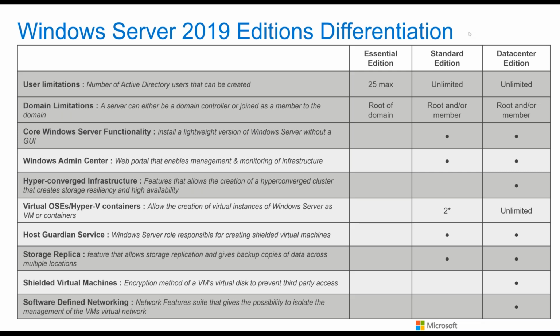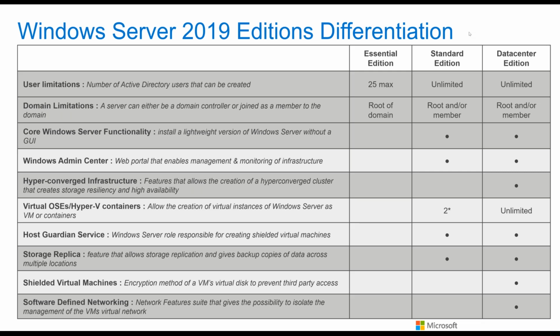The Essential Edition is licensed by counting the users or the devices that are attached to the server configuration. It has to be the root of the domain, and therefore cannot participate in a cluster setup.